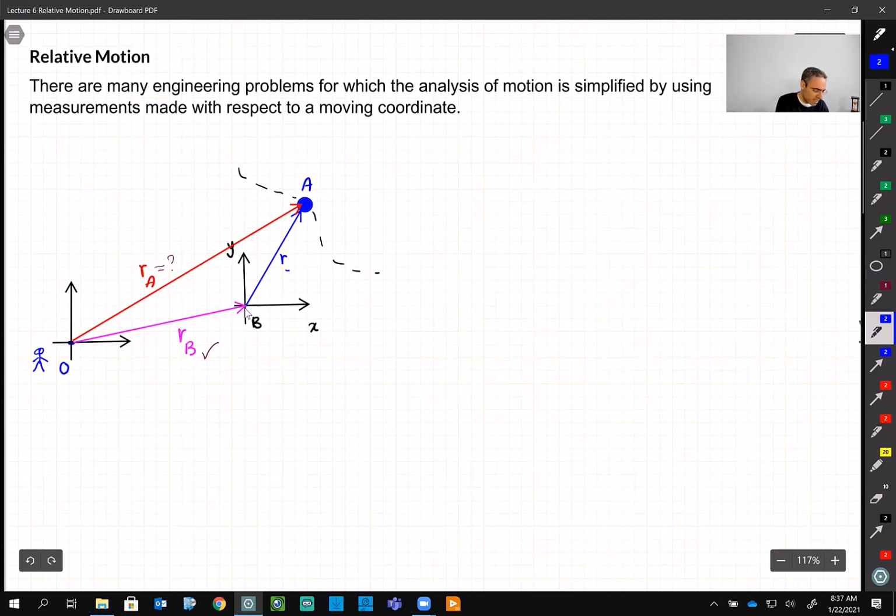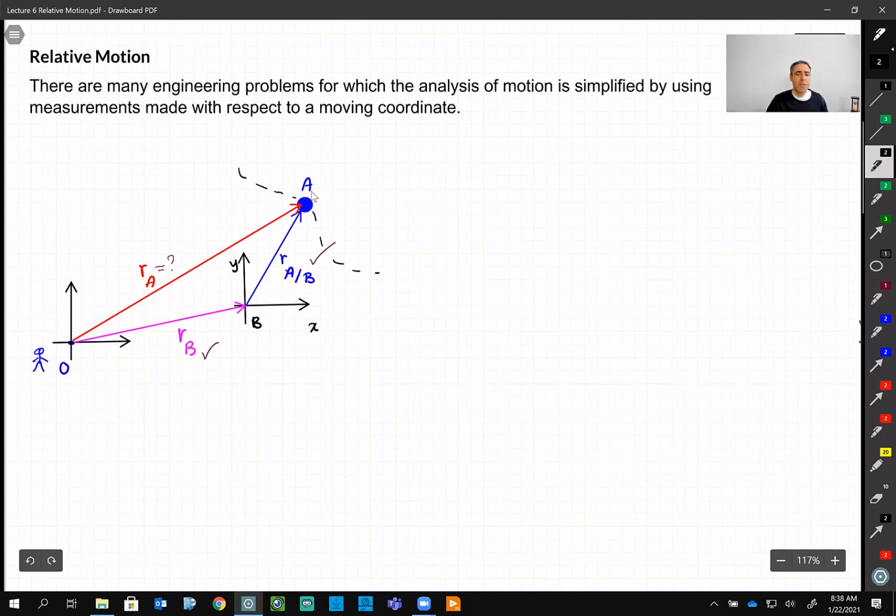So it has a name here, which we call RA with respect to B. And let's assume we have this information as well. Okay, so let's look at this diagram to make sure that you understand it. If you have a question, please ask now. So this is what we have.